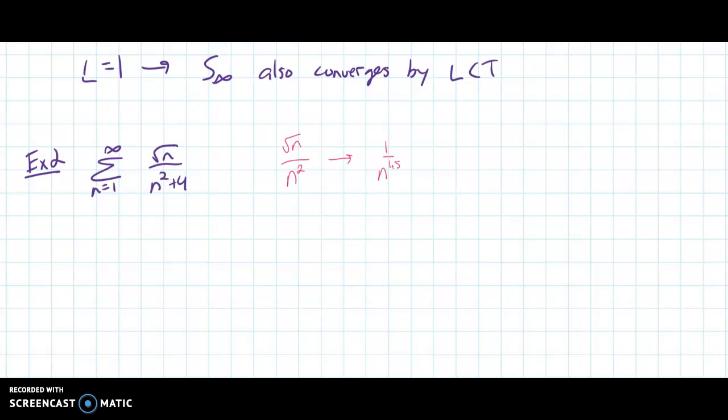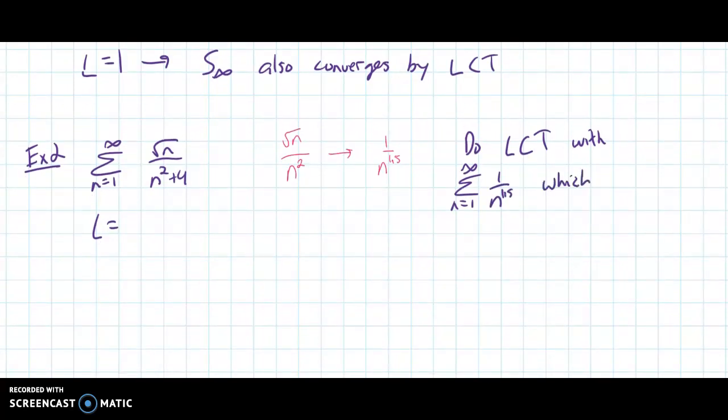So what I do is I say L is the, actually, before I do my L, I'm going to say that I'm going to do LCT with sigma n equals 1 to infinity of 1 over n to the 1.5. That's what I took over here, which, what does that do? Converges by p-series, comma, p equals 1.5 is greater than 1.